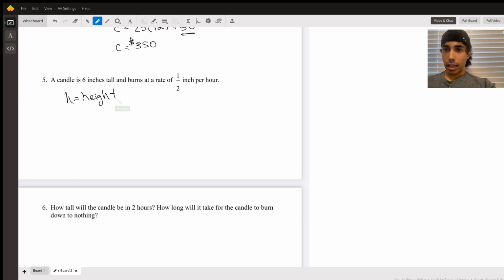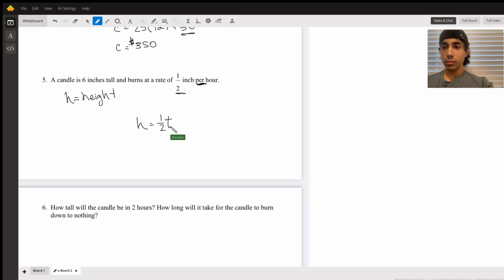Then the height is equal to whatever it started at minus, this is still my keyword, that per, so it's 1/2. I don't want to use H again because I already used H to be height, so I'm not going to use it for hours. I'm just going to use T for time. And then plus 6, that's like my initial spot, my starting point.